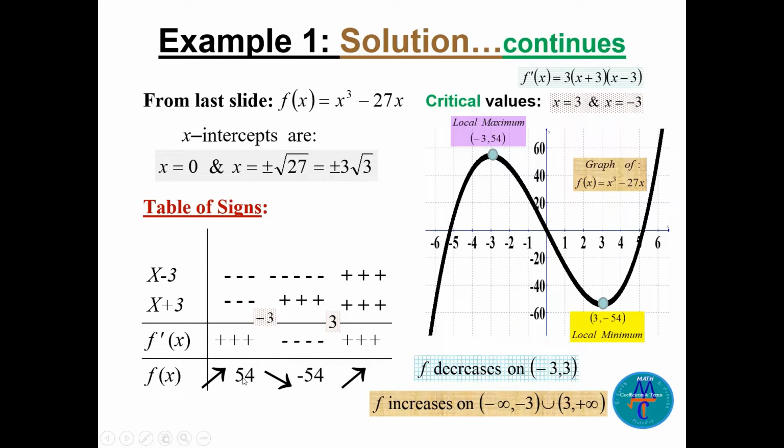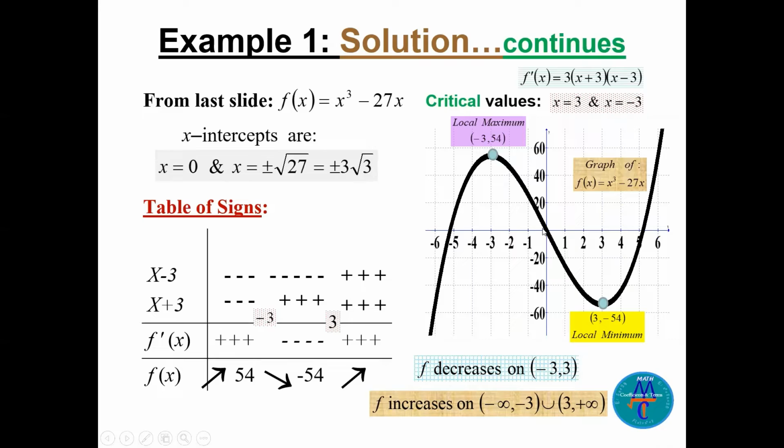So here we have a local maximum at minus 3. See the minus 3 here, we replace it in the function. Minus 3 all cubed, minus 27 times minus 3 will be 54. That's the value of the local maximum. Also at 3, we have a local minimum here, 3 and minus 54.